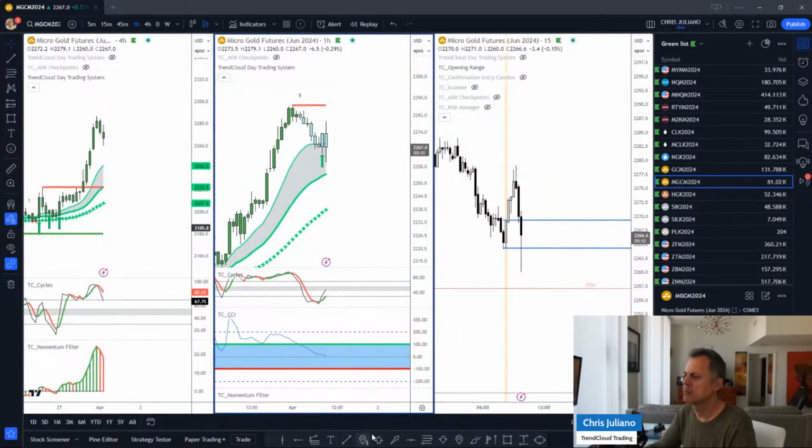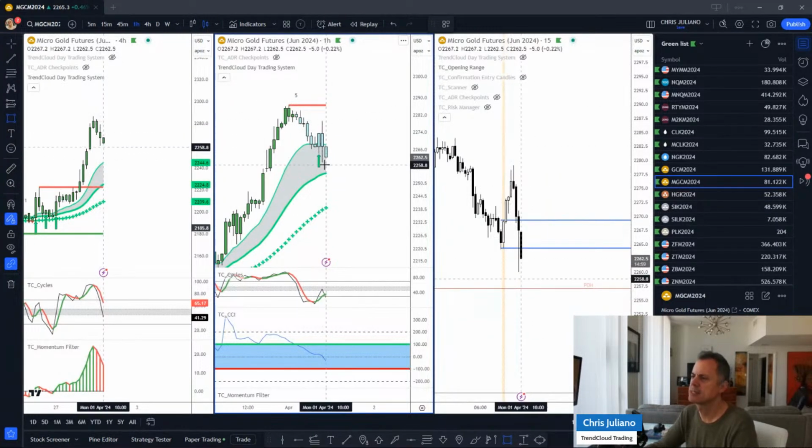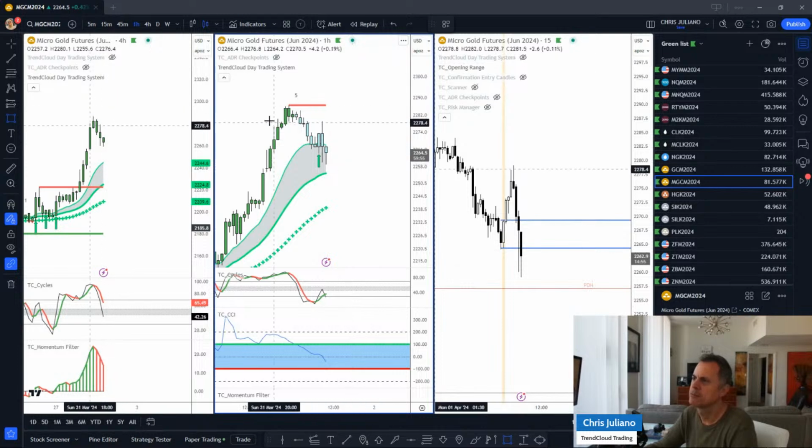What are we waiting for on gold? How about a retest or a new structure high into that seventh wave, right? 5, 6. If we push up again, we'll have 7.